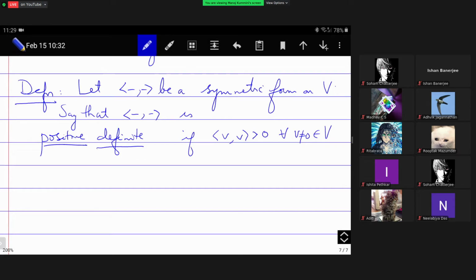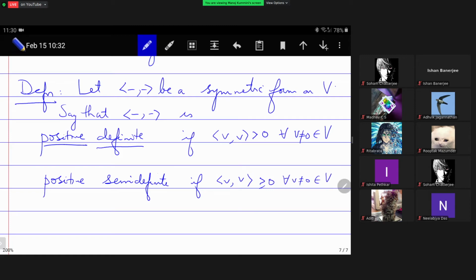And it is called positive semi-definite if, so all these conditions are on the product with itself, I mean, the bilinear form being applied to the same vector, both copies are of the same vector, this is greater than or equal to 0, for all vectors.